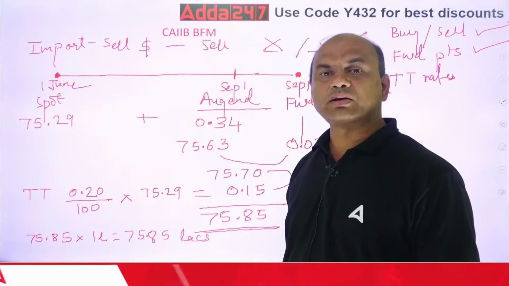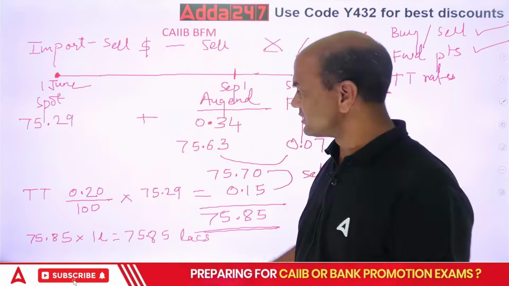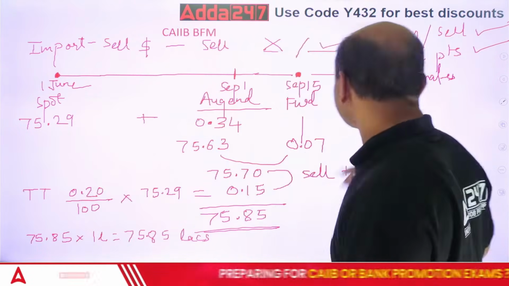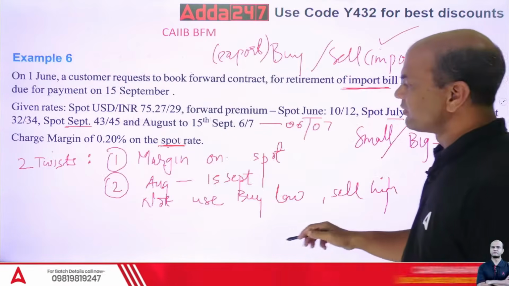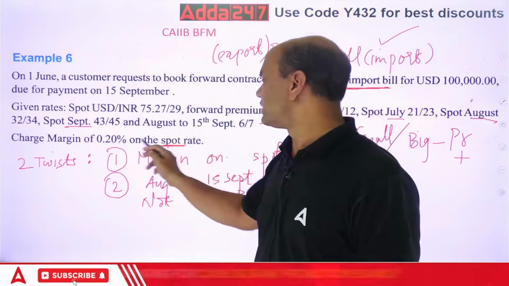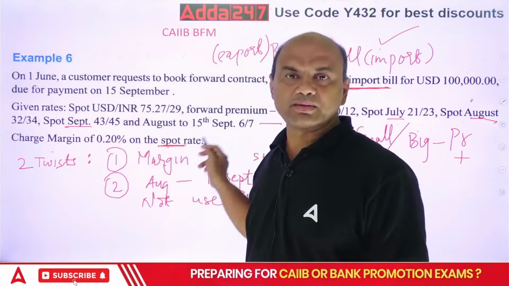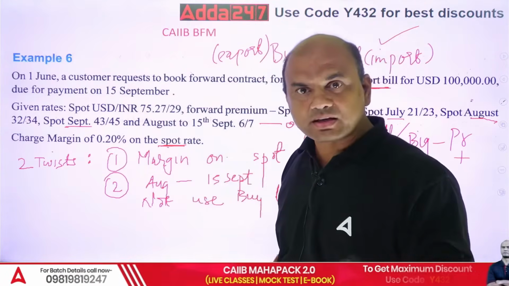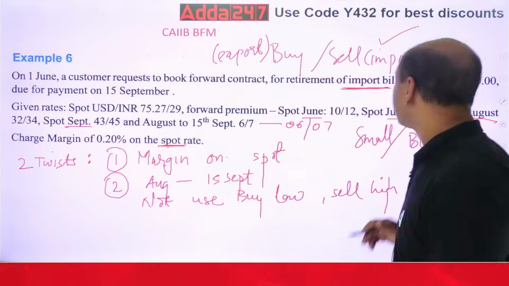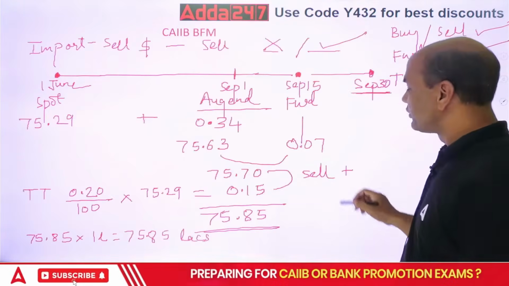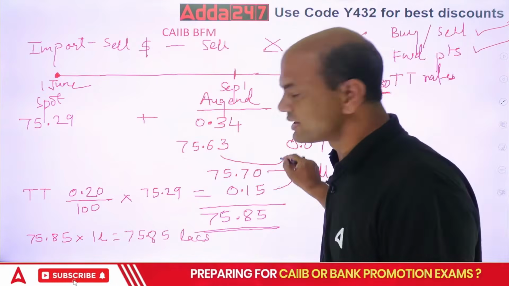Generally, whenever we calculate the TT margin, in this problem, what is given? See this over here, margin is to be calculated on the spot rate. It's clearly mentioned. Generally, we don't do this. Generally, we calculate it on this last rate, 75.70.